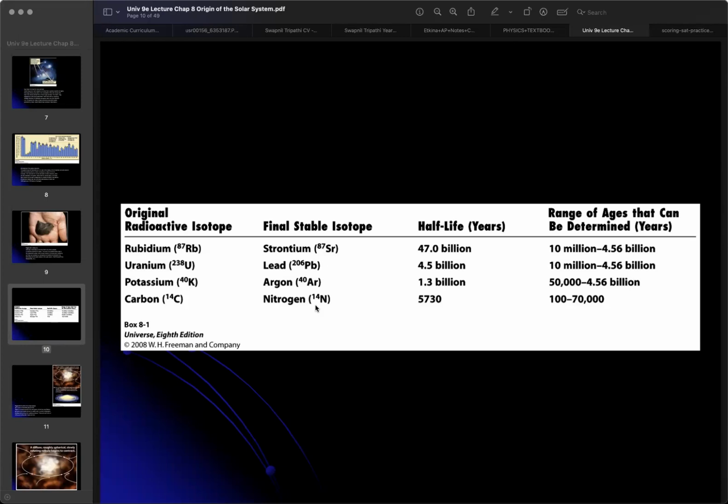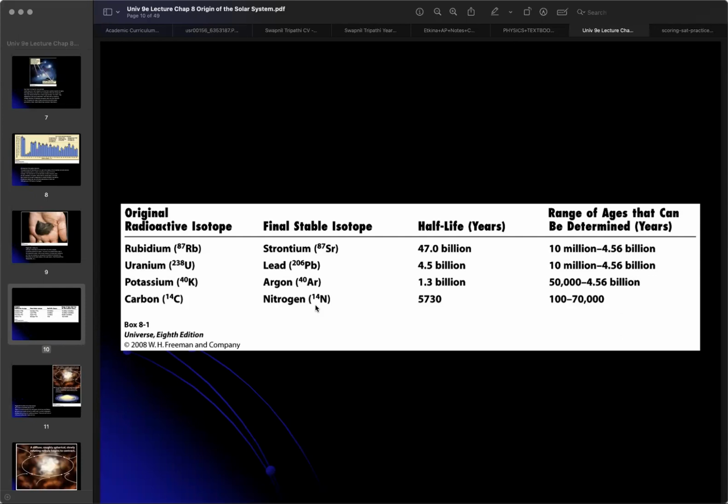Carbon-14 converting to nitrogen has a half-life of 5,730 years, which is quite short. So this is more suitable for the carbon dating that you must have heard about. This is used for archaeological purposes on the Earth.